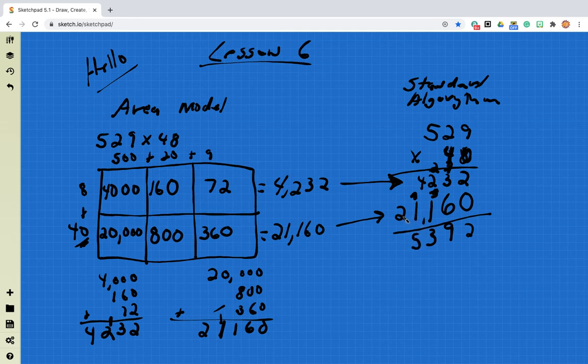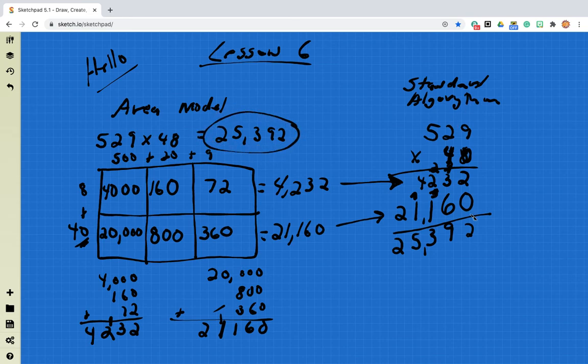And 20 10 thousandths plus nothing is 20 10 thousandths. So we get a grand total, a complete product of 25,392.